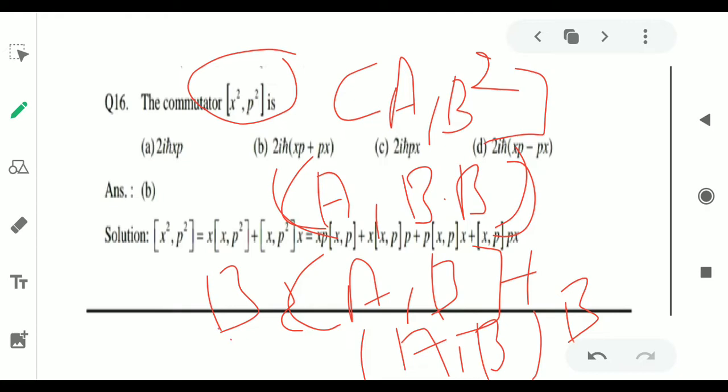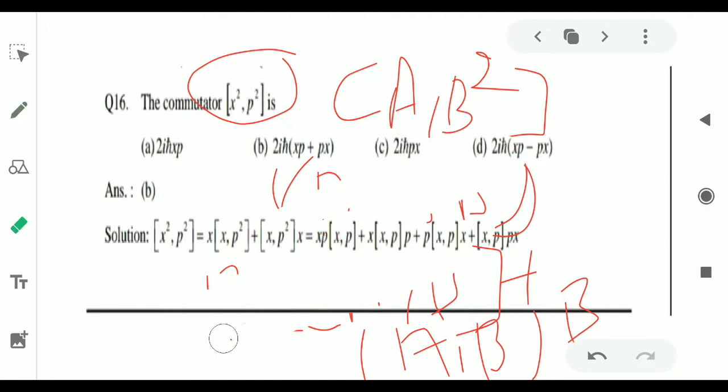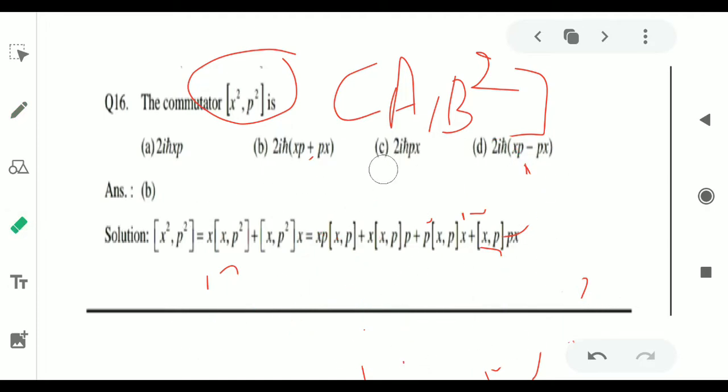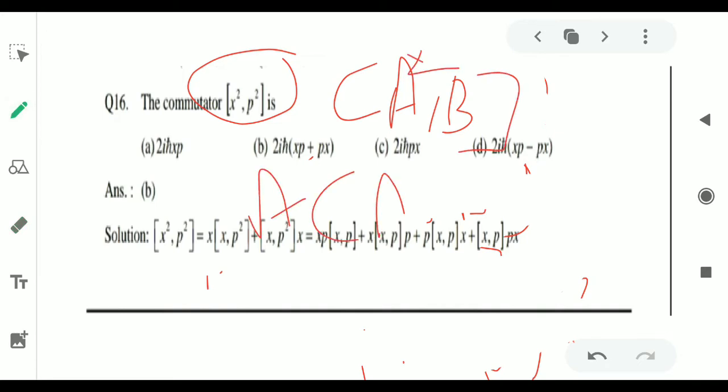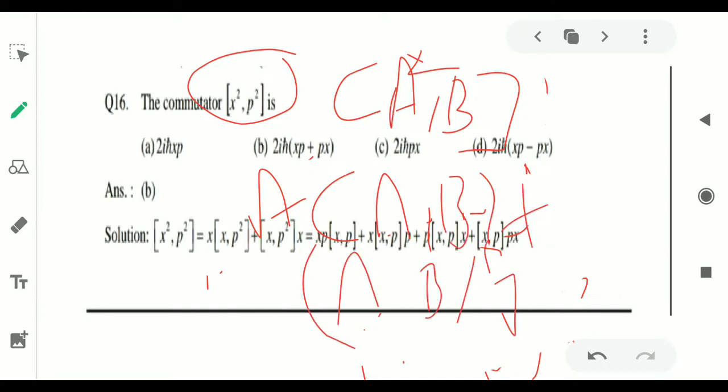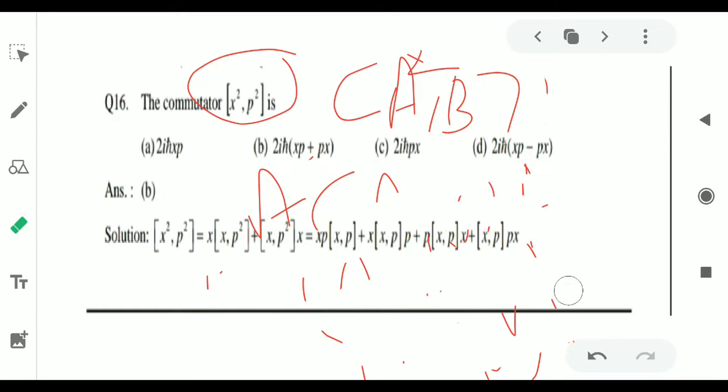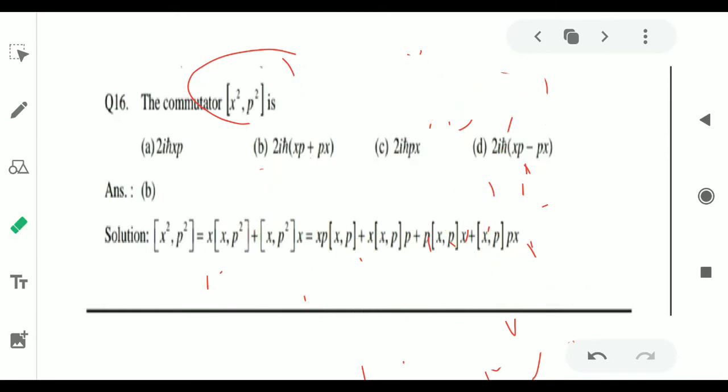Similarly, if it is written with a square, we can write it as a[a,b] plus [a,b]a.